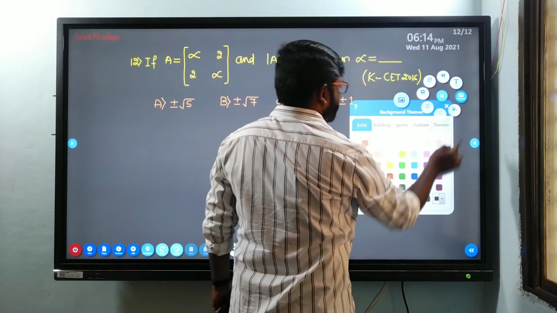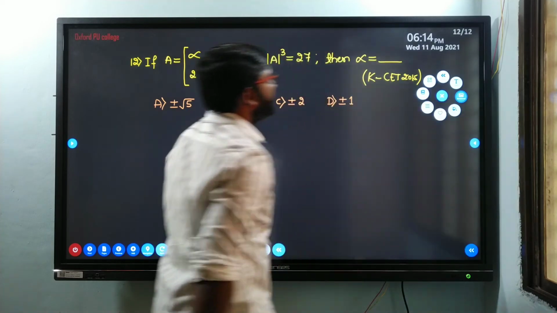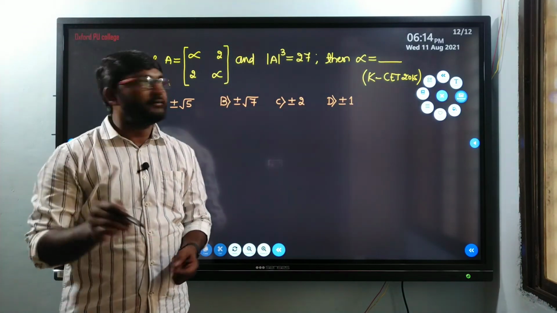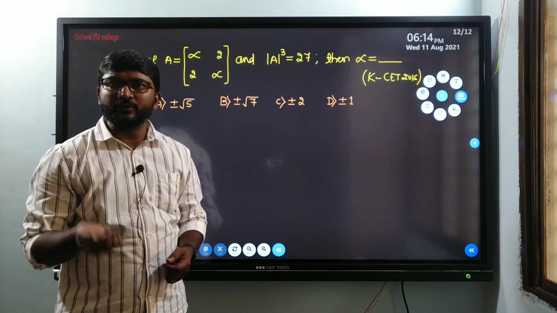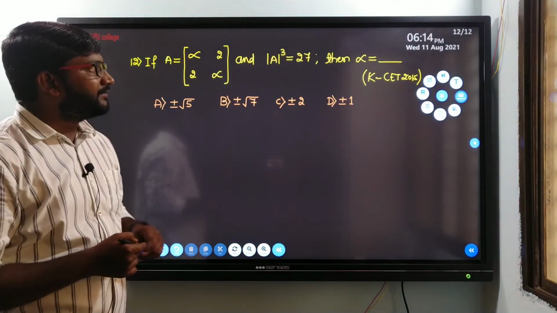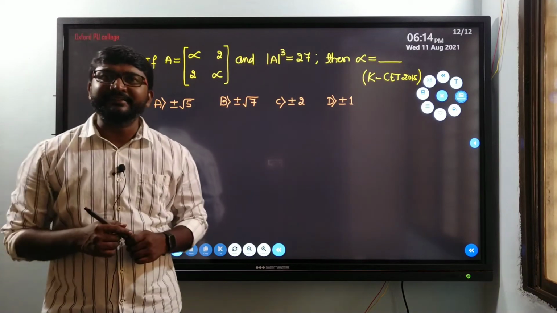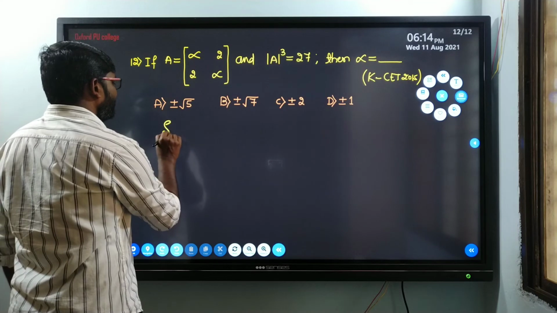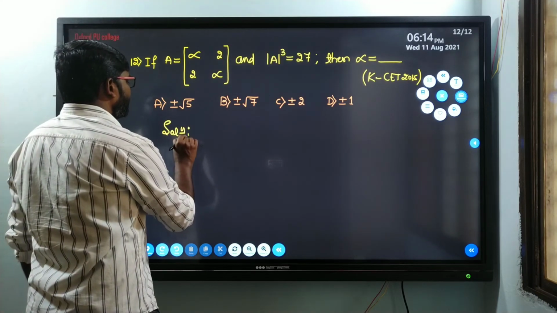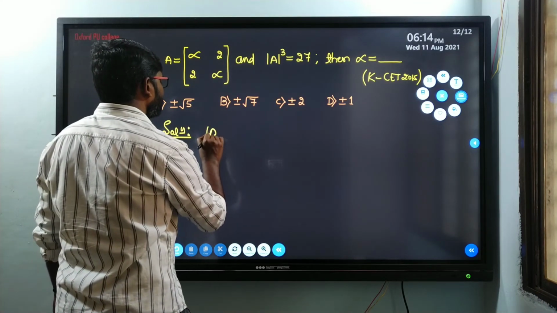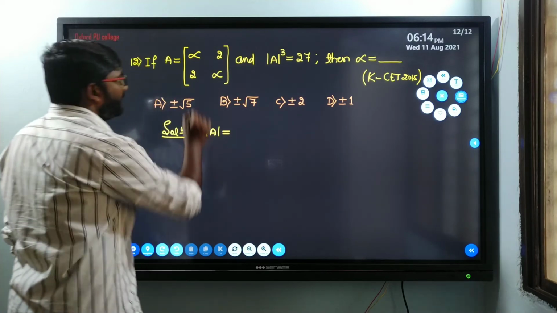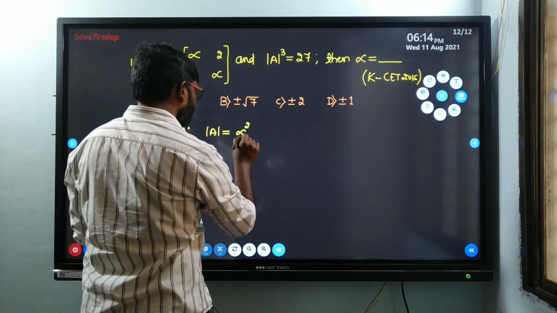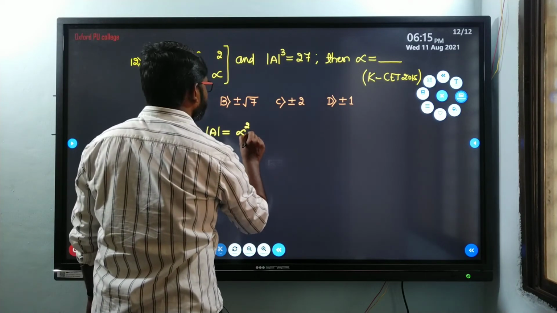What is question number 11? See here, if A equals alpha, 2, alpha, and determinant of A cube is equal to 27, then alpha equals what? This was asked in Karnataka CET 2015. Let us go ahead with the solution. I will find the determinant of the given matrix: det A equals alpha into alpha, which is alpha square, minus alpha square minus 4.